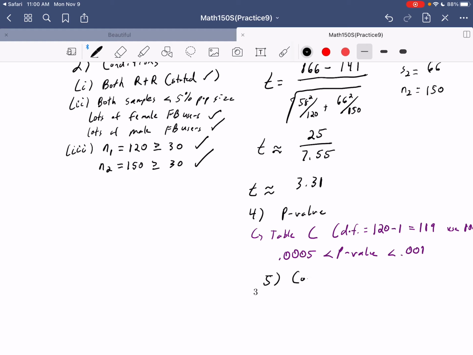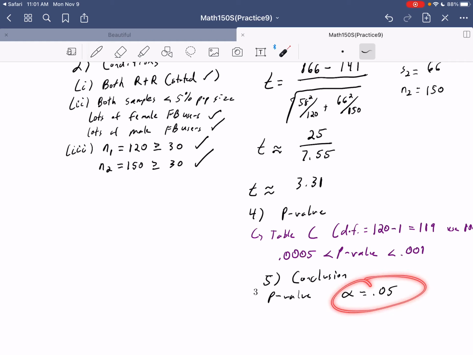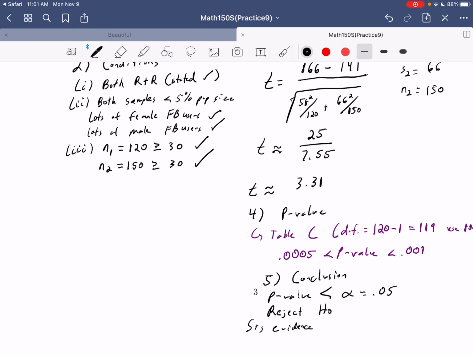So our conclusion here, our p-value, how does it compare against the alpha of 0.05? Well, we know that the p-value is somewhere between 0.05% and 0.1%. This is 5%, so the p-value is certainly smaller than the alpha. That means the statistical conclusion is that we are rejecting H0. So we've had a successful rejection here, so that means we have significant evidence for our claim.